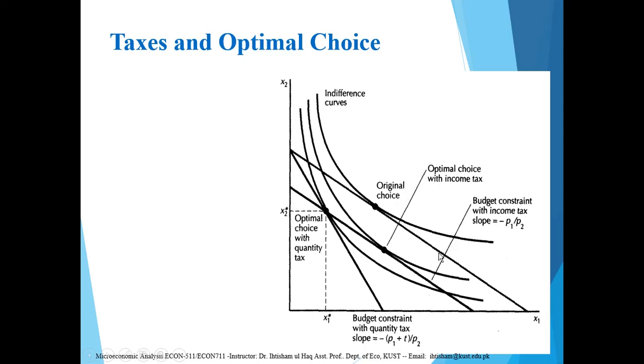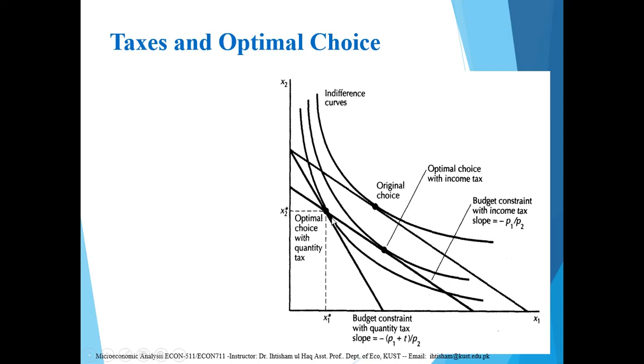The slope of the original budget line and the slope of the budget line with income tax are the same, because there is no change in the prices of the two commodities, whereas the budget line with quantity tax is steeper, and its slope is greater in absolute terms. The optimal choice with quantity tax is taking place at this point x1, x2.